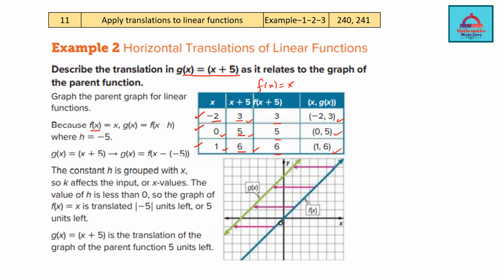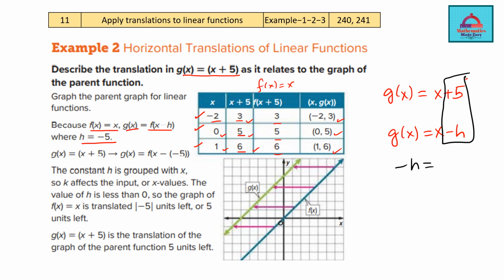Now because f(x) = x is the identity, g(x) is f(x - h), so h is going to be minus 5. How do you compare? See, g(x) is x + 5 given to you, and you are comparing with x - h. So when you are comparing with x - h, you can say minus h is 5 or h is minus 5.